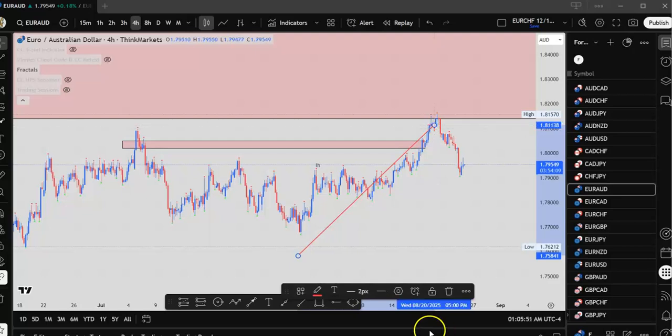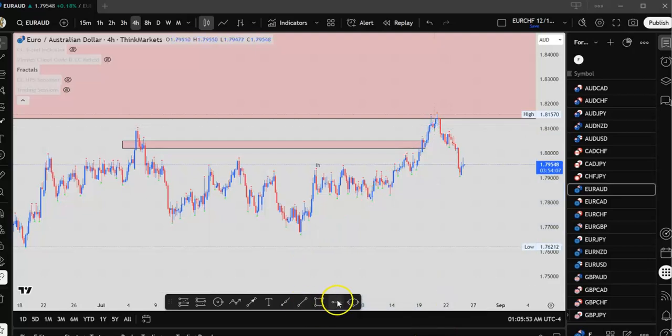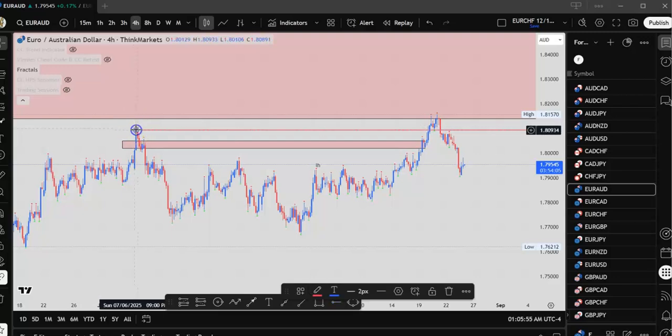So what that means, let me draw a ray from here, because this price action here broke above this line, this is considered a break of structure.